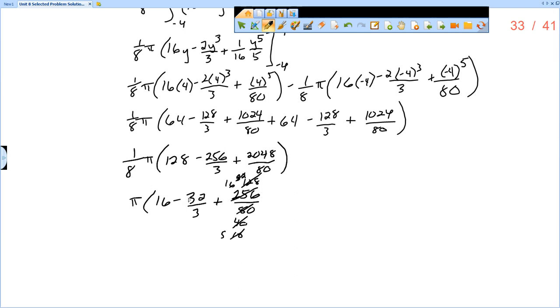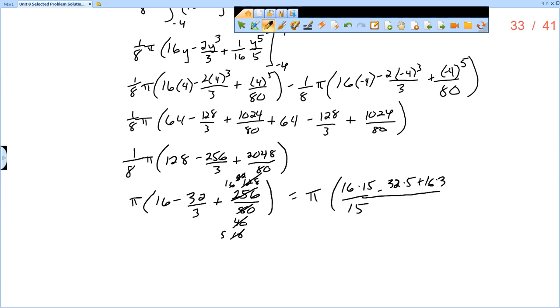Now I want to get a common denominator, with the pi on the outside. I multiply 16 by 15, minus 32 times 5, over 15, plus 16 times 3.